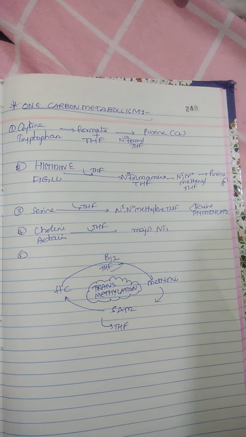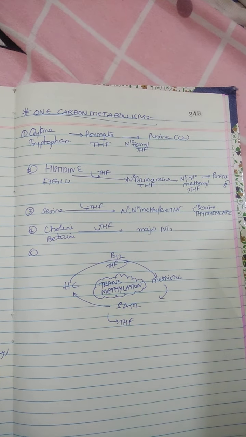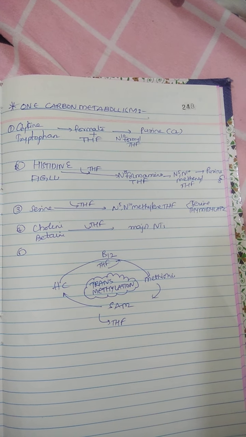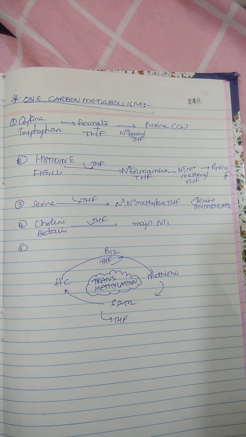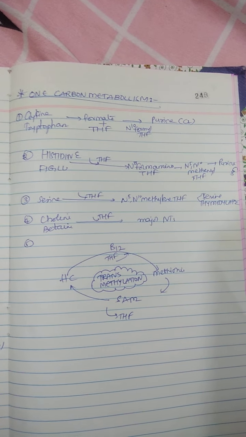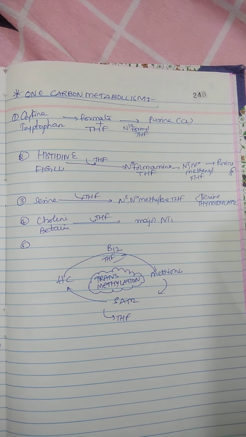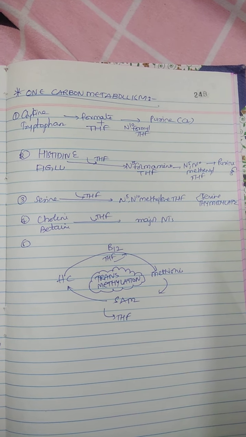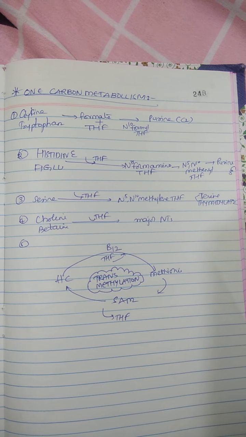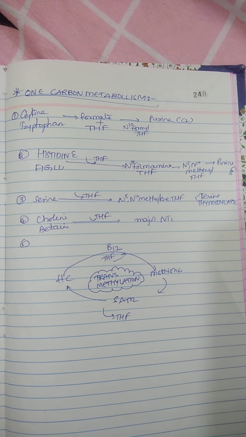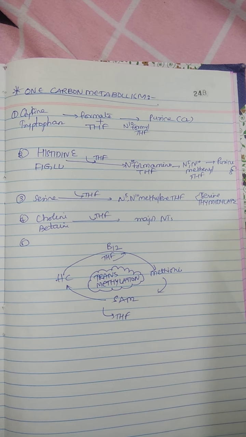These reactions are really important in biochemistry, and simply we can remember that in every reaction tetrahydrofolate is involved, and glycine and tryptophan will lead to purine in the presence of tetrahydrofolate. The intermediates in the middle are not important.